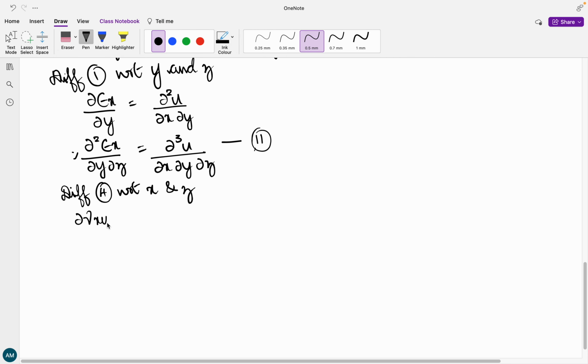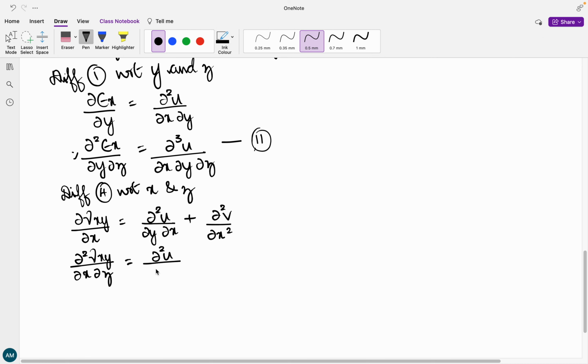So ∂γxy divided by ∂x is equal to ∂²u by ∂y∂x plus ∂²v by ∂x². Then ∂²γxy by ∂x∂z, which is equal to ∂²u by ∂y∂x∂z plus ∂²v by ∂x²∂z.